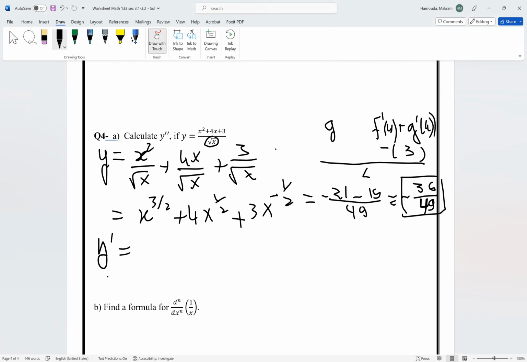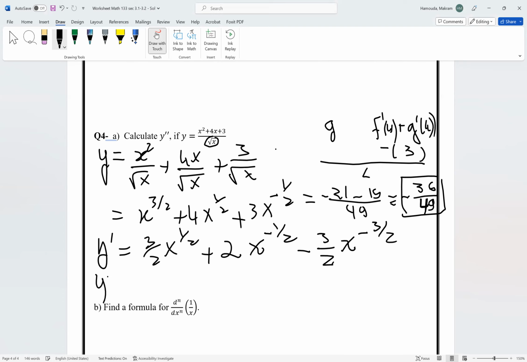Y prime is equal to 3 over 2, x power 3 over 2 minus 1, that means half, plus 4 times half, that means 2, x power half minus 1, that means minus half, and then plus 3 times minus half, that means minus 3 over 2, x power minus half minus 1, minus 3 over 2.